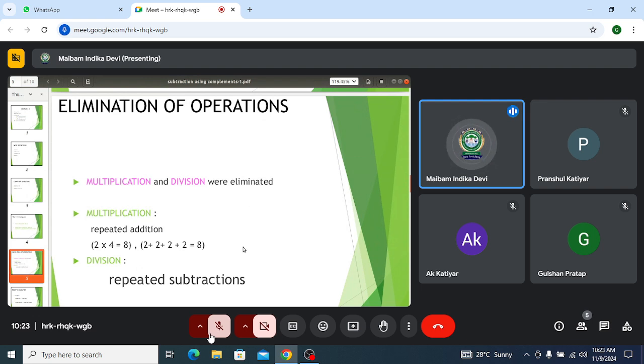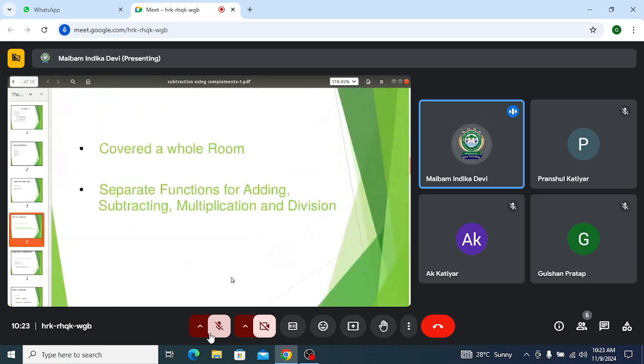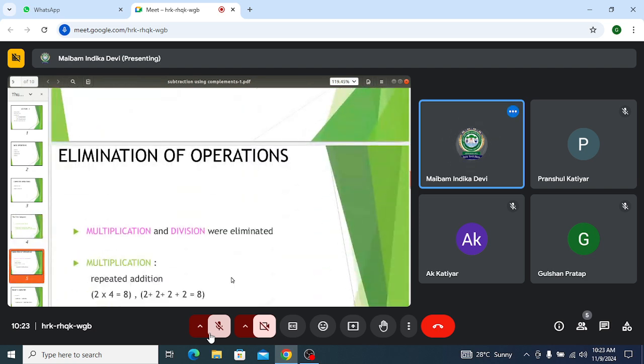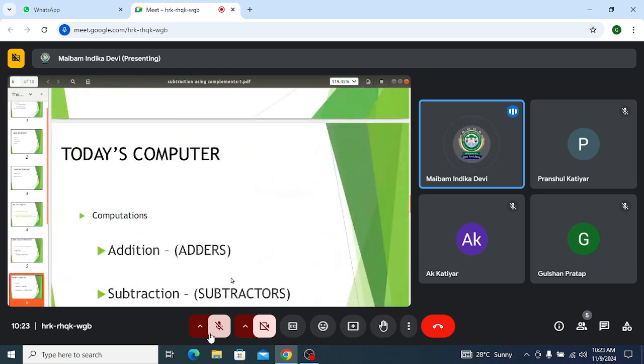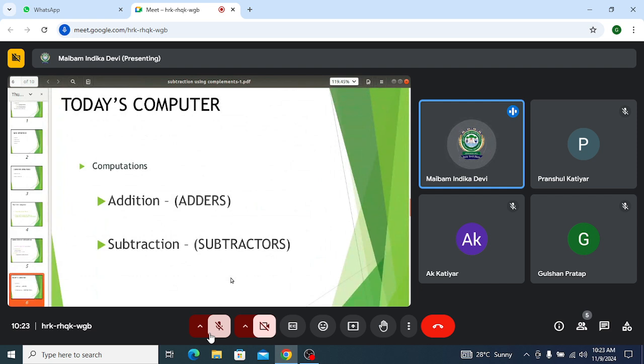Rather, they are implemented through the addition procedure or the subtraction procedure. That's why it is said that the two operations available in today's computer are addition and subtraction. Multiplication is implemented through addition and division is implemented through subtraction.